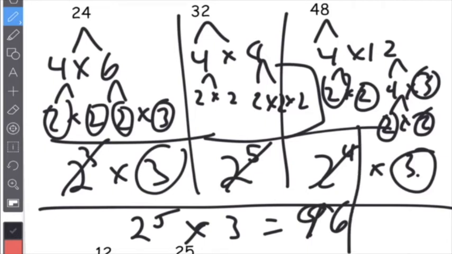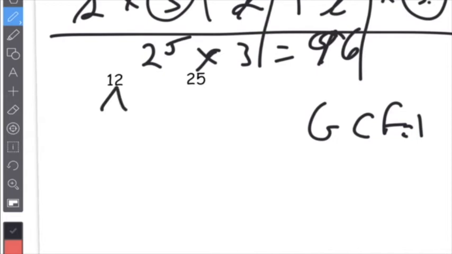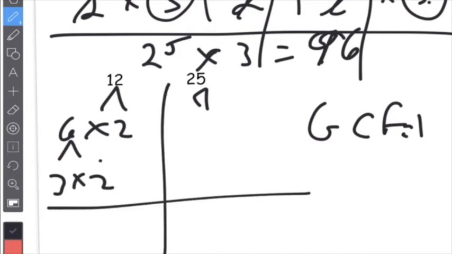At the bottom, we have 12 and 25. The GCF of those is actually pretty easy because it's only 1. So GCF is 1. And for the LCM, 12 is 6 times 2, 3 times 2. So for here, I have 2 squared times 3.